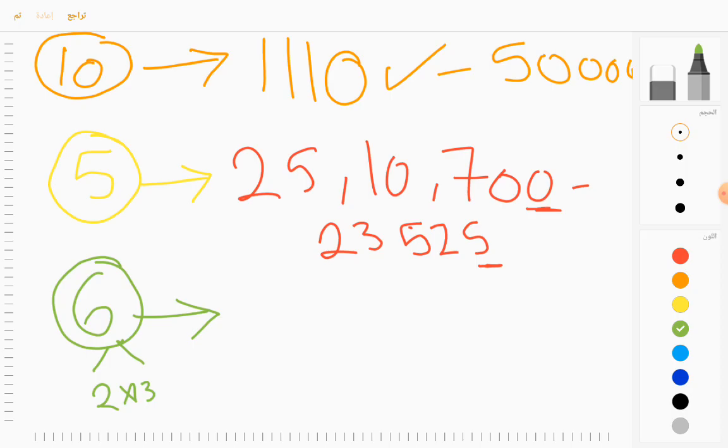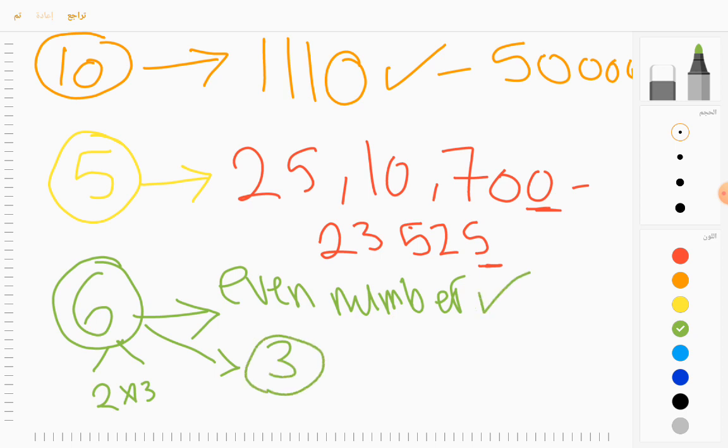So we need to check that the number is an even number to be divisible by 2, and check the divisibility by 3. Both must hold. So if I have an even number that is not divisible by 3, it won't be divisible by 6. Okay, let's have an example.